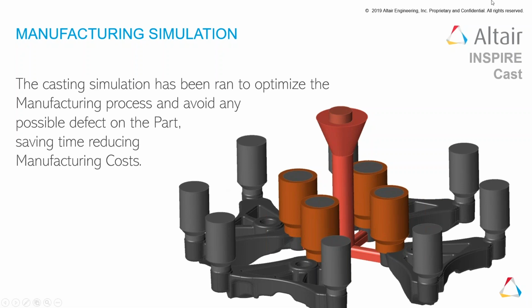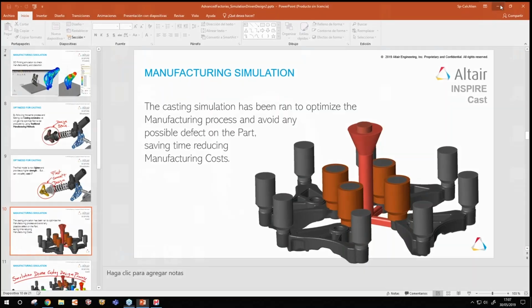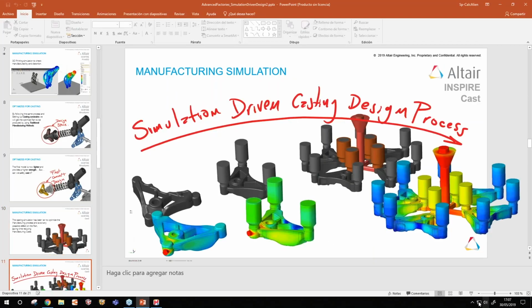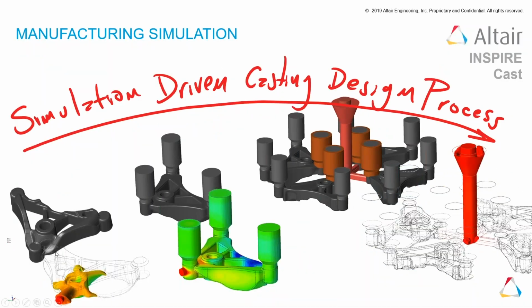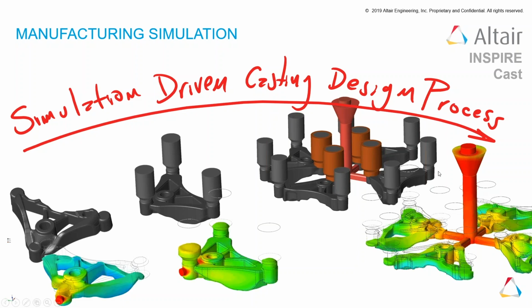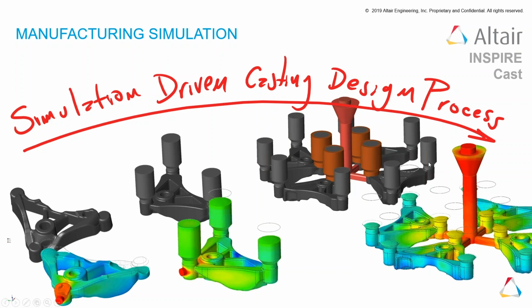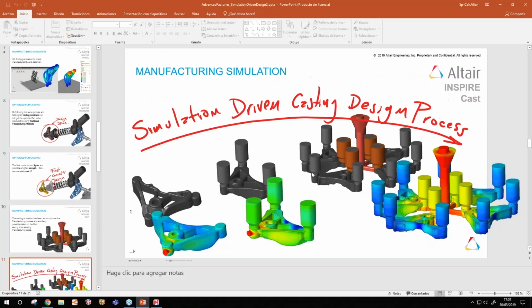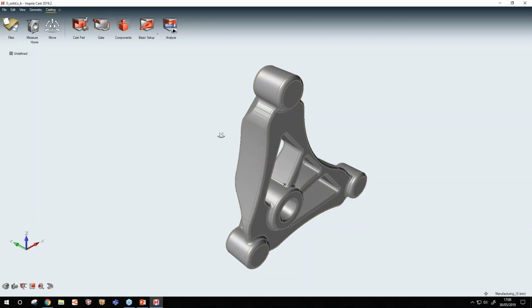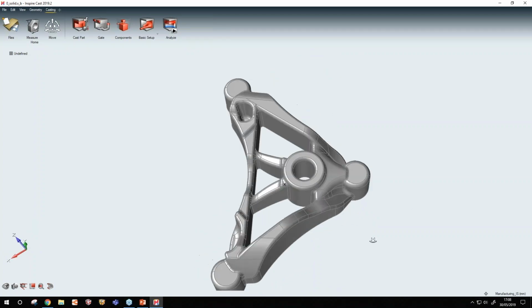Okay, so let me go there. The idea is this: going from the early stage of the design until the end of the process design, going through all the stages. So let me launch Inspire Cast and open the geometry.